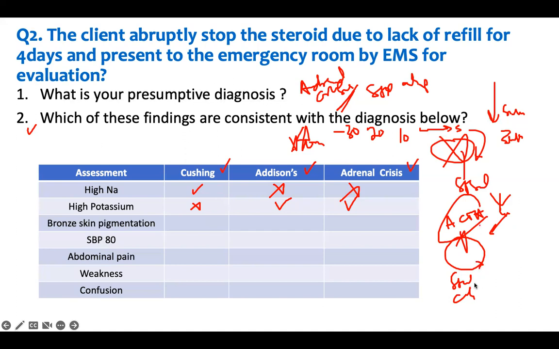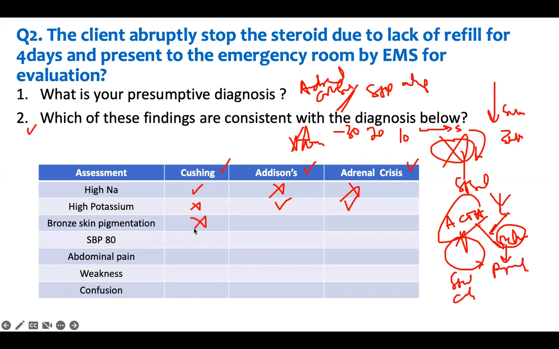Since you can't secrete them, your body doesn't know. It keeps on making more ACTH, but ACTH has melanin in it. So you have high level of melanin in Addison, and therefore they are the only one who have pigmentation of their skin. So bronze pigmentation is in Addison disease.